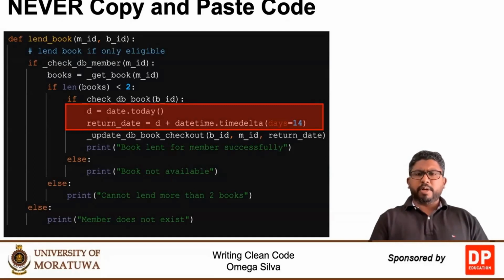And since you have already written the code, you should be able to reuse it. How would you reuse it? The easiest way would be to just copy these lines of code and paste them wherever required. Even though this is easy, this is the beginning of a series of unpleasant problems in your code base.